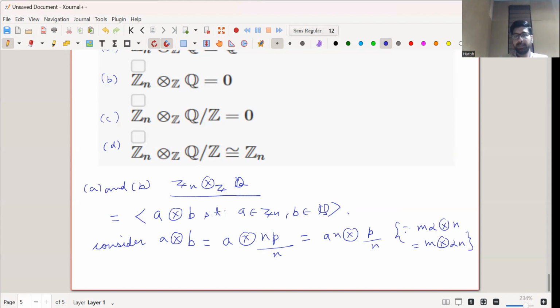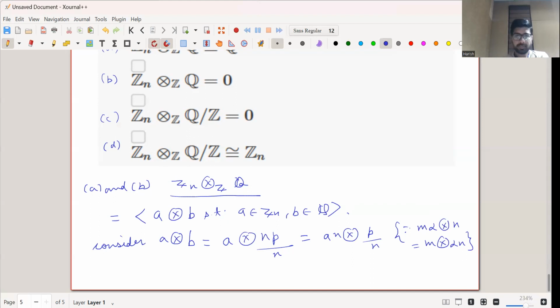So here the multiplication will happen from the right, and here from the left. So tensor product in general for R modules is defined by considering the first module to be a right module and the second module to be the left module. In Z left and right are the same, because in Z you have commutativity. So there it's okay, but in general it's not.